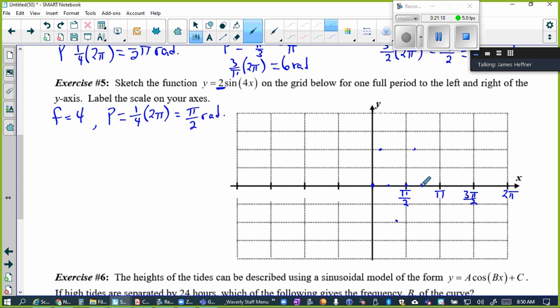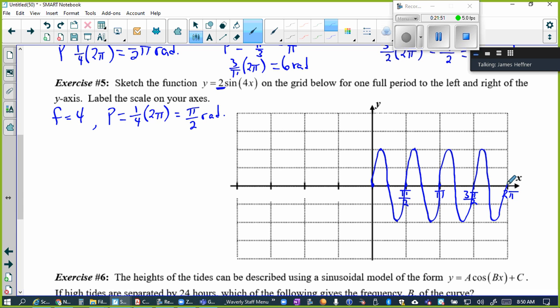Down 2, and then here. So you kind of see what it's doing? We go up, squeezing 4 of them in here. Like that. And I won't do the negative side. You get the idea, right?